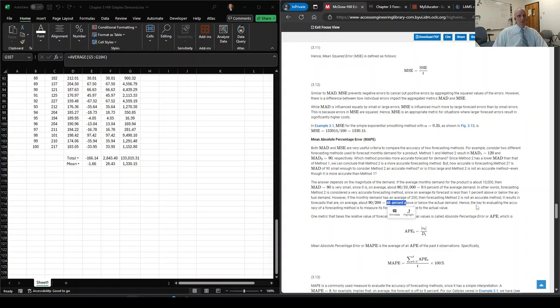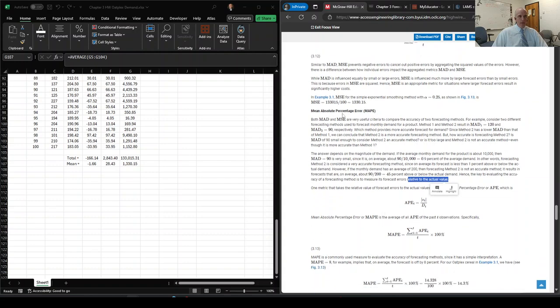Hence, the key to evaluating the accuracy of the forecast is to measure its forecast errors relative to the actual value. This is where we get an absolute percentage error. So we're making this relative to the actual value, and we'll do this with the mean absolute percentage error.